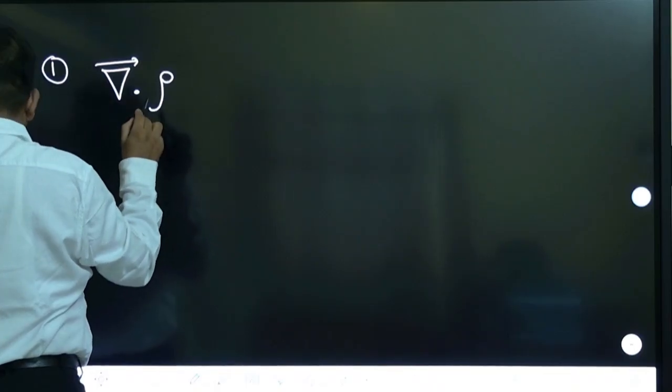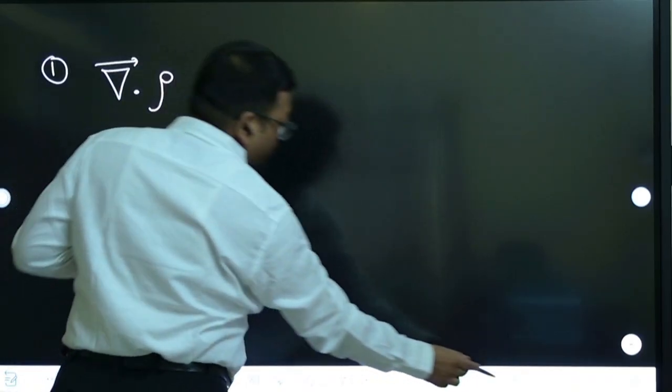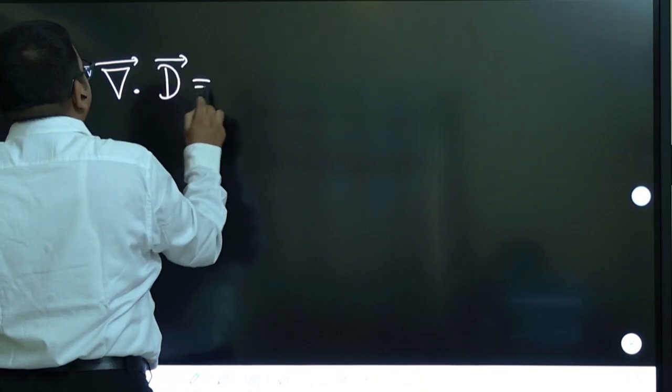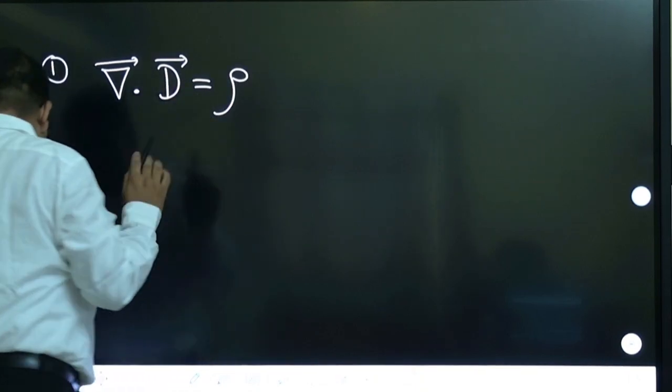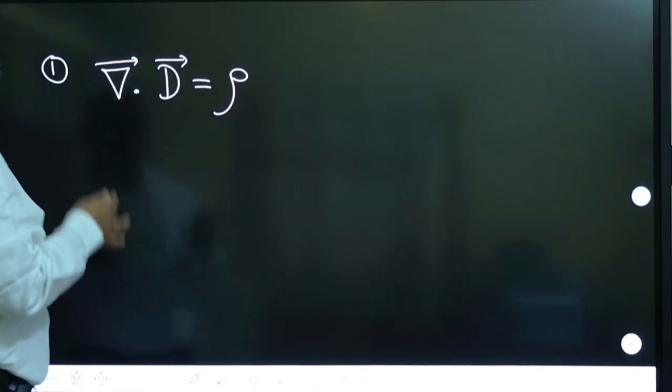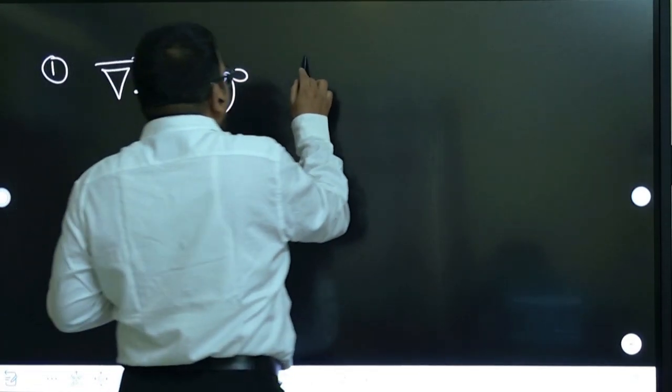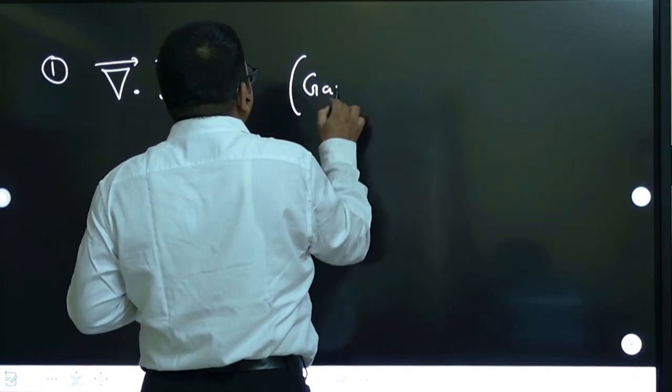Del vector dot D vector is equal to rho. Now you will say that I have never seen this equation, but this is Gauss law in electrostatics or electricity.